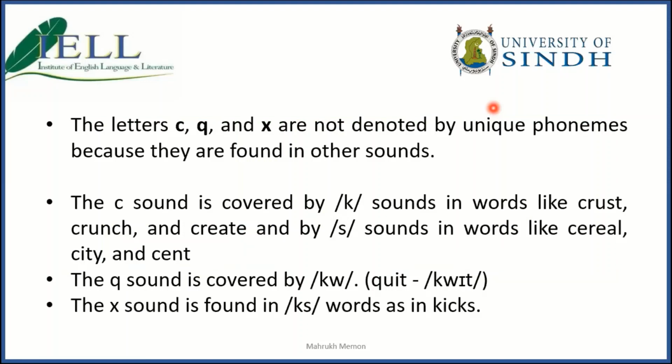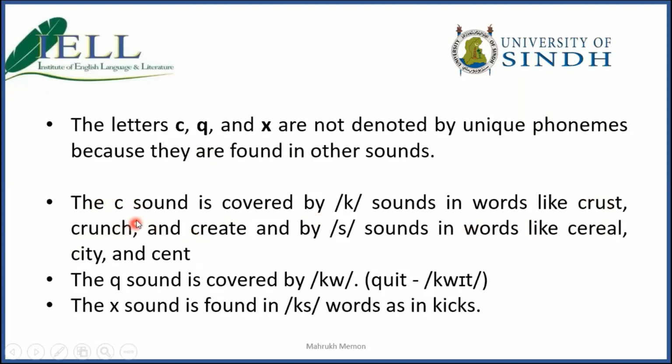The letters S, C, Q, and X are not denoted by unique phonemes because they are found in other sounds. They are not unique in their sound, and they are found with other sounds. The K sound covers C in words like crust, crunch, and create.